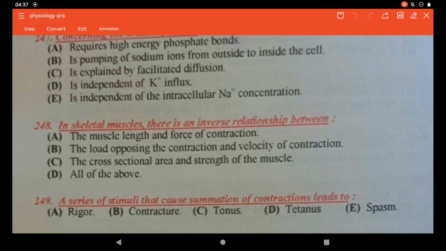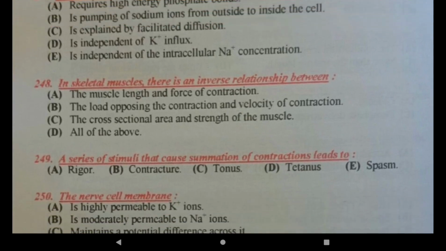In skeletal muscles, there is a relationship between: A. The muscle length and force for contraction.